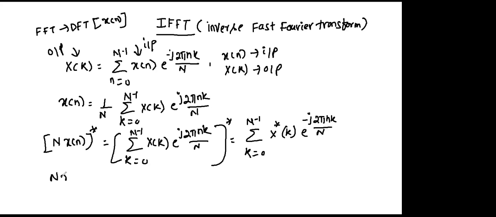So N x conjugate n equals summation of k from 0 to N minus 1 X conjugate k e to power minus j 2 pi nk by N.